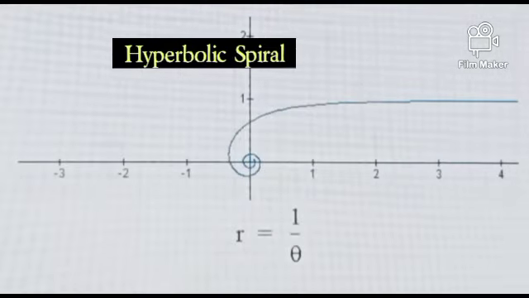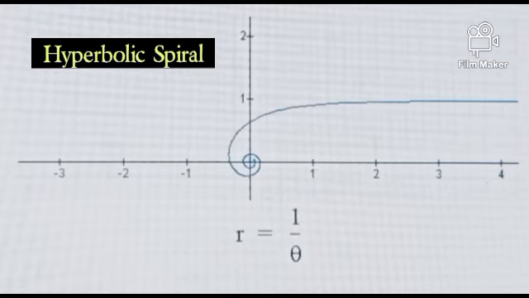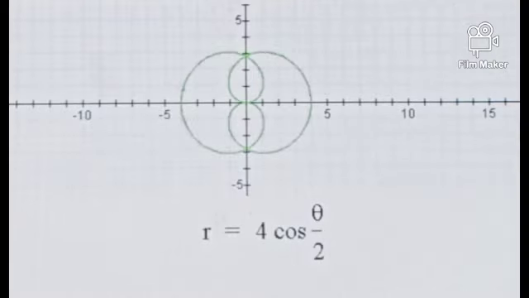This graph is known as the hyperbolic spiral. And the polar equation of the hyperbolic spiral is given by r equals 1 over theta. The polar equation of this graph is given by r equals 4 multiplied by cosine of half of theta.